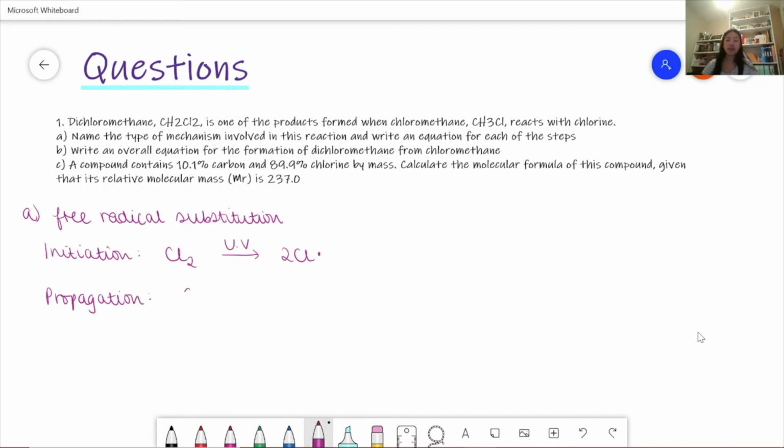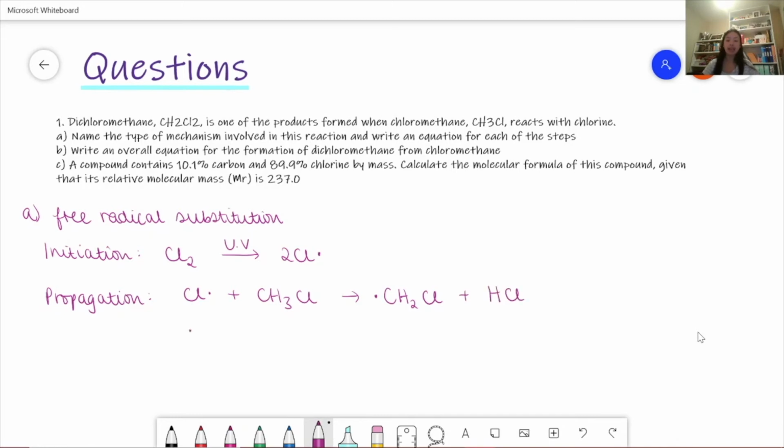So in the first step, we have a chlorine free radical reacting with the chloromethane, and the chlorine free radical will take away one of the hydrogens, and so we form CH2Cl, which will be a free radical, so the carbon has lost the hydrogen, and HCl will also be formed.